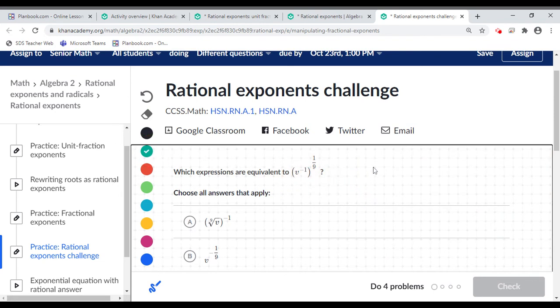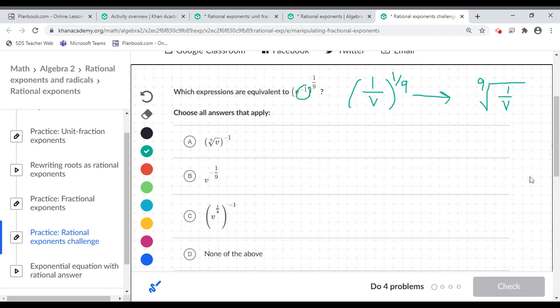So we know we have inside the parentheses, I'm going to rewrite this as the fraction 1 over v to the first. I don't really need to write the first, so I'm going to get rid of it. Then we have the 1/9 power. 1/9 means root, so 9th root, and 1 over v, just like this. Now, if we look through the answers, which one of those is like that, or which one is the same as what we've seen above?